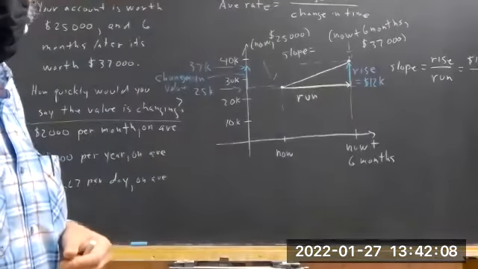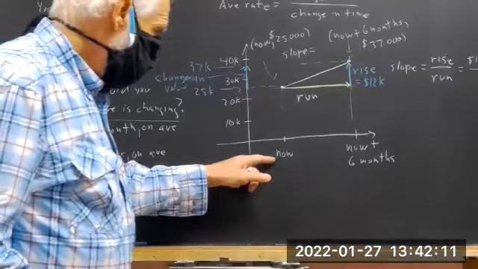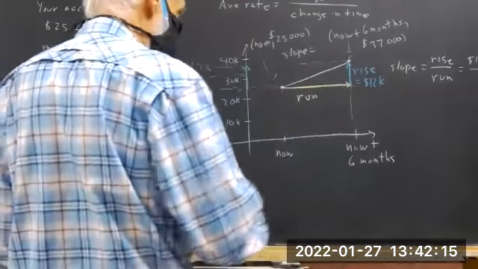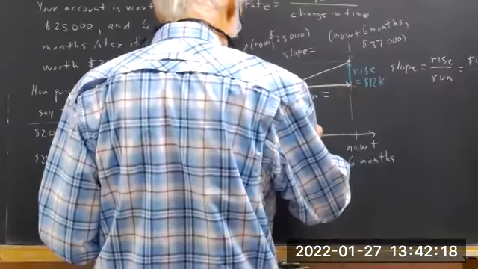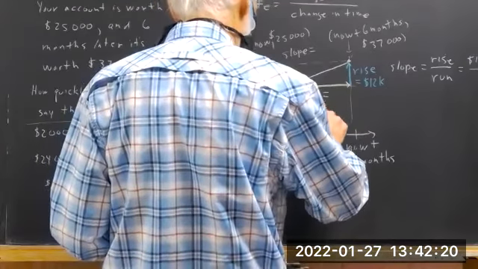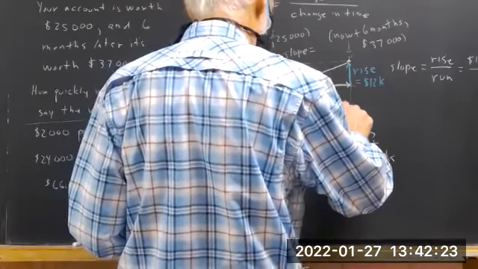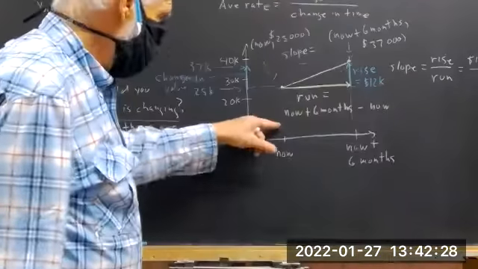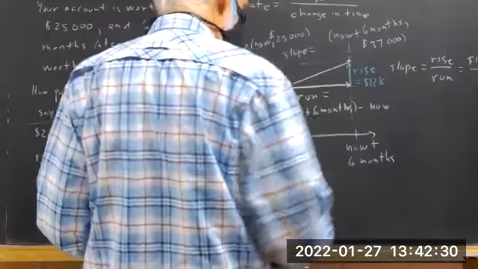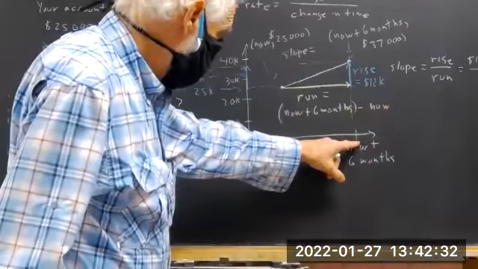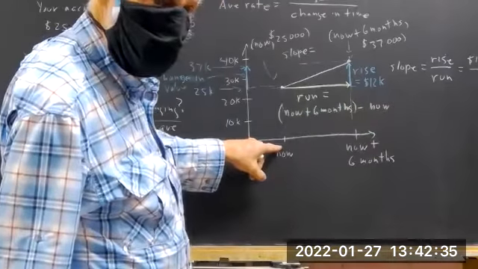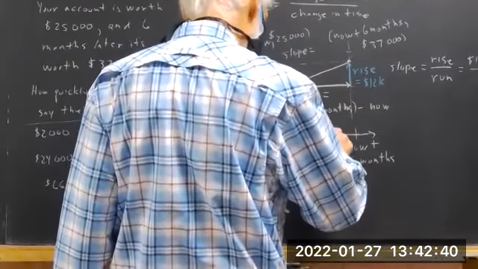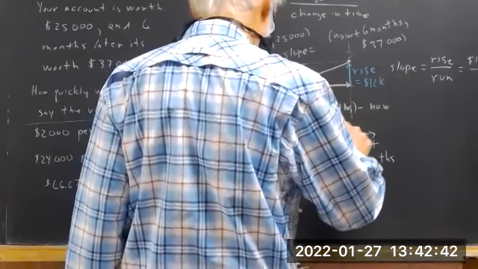And the run goes from now to now plus 6 months. So the run equals now plus 6 months minus now. In other words, this value minus this value, right? Which equals 6 months.